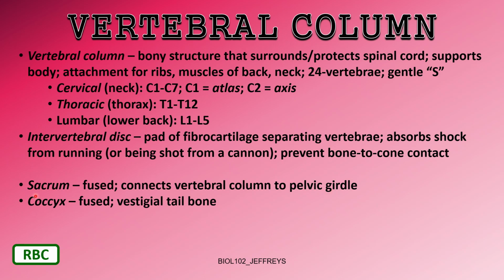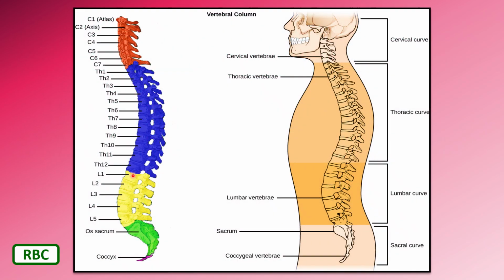And then you have those little tiny vertebrae, 3 or 4, maybe 5, that are all fused together. We just refer to the one structure as the coccyx, or your tailbone. Remember, that's a vestigial structure in humans. So here we see that gentle S curve, which allows the vertebral column, or your backbone, to be flexible.